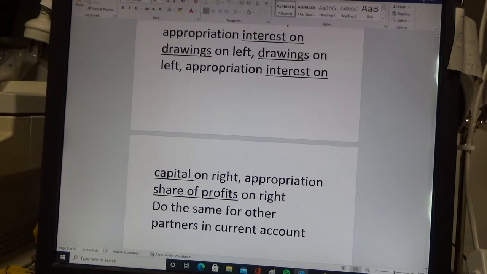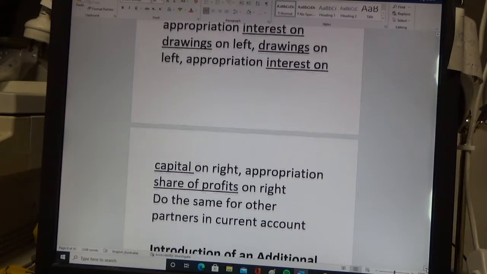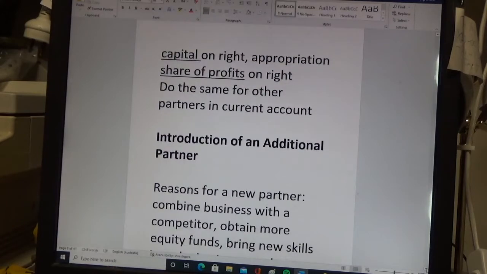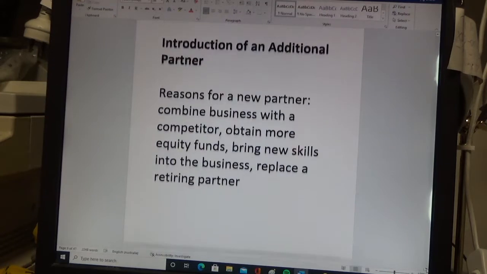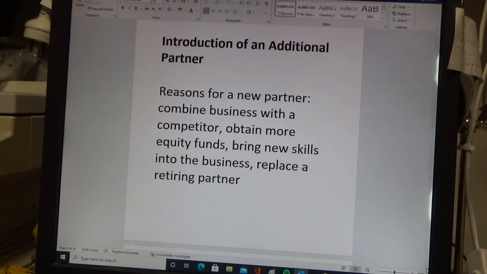Appropriation share of profits on the right credit side of that current account T-shaped ledger, and make sure each partner's amounts for those items is listed, partner A, B or C. Perhaps there's just two partners. Now we're going to the introduction of a new partner, an additional partner.